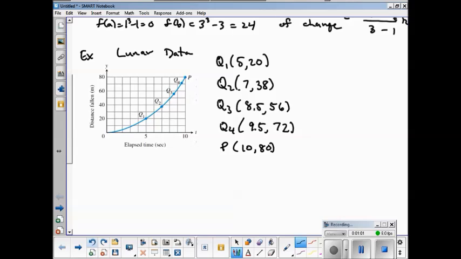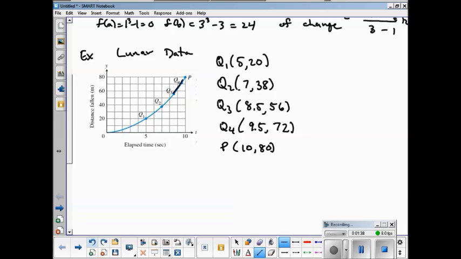Okay, the goal is to find the slope of the various lines from point Q1 to P. That slope would represent the average speed between the 5th and 10th second. And then from Q2 to P, that'd be between the 7th and the 10th second, and so on.